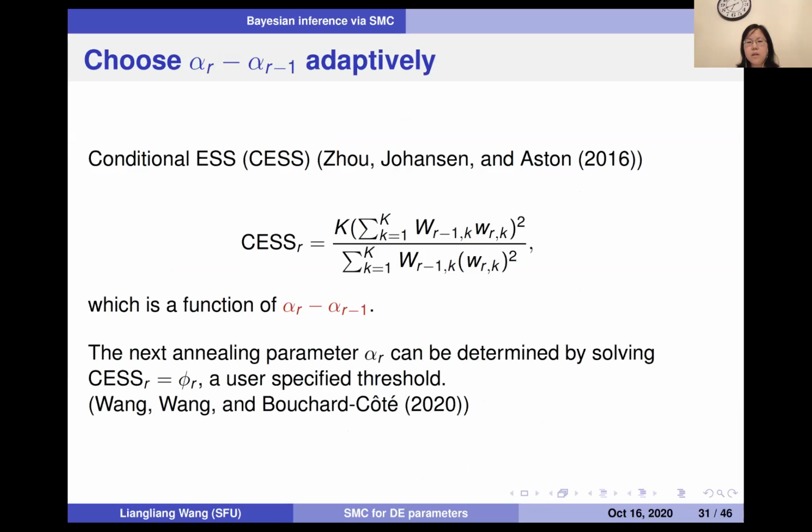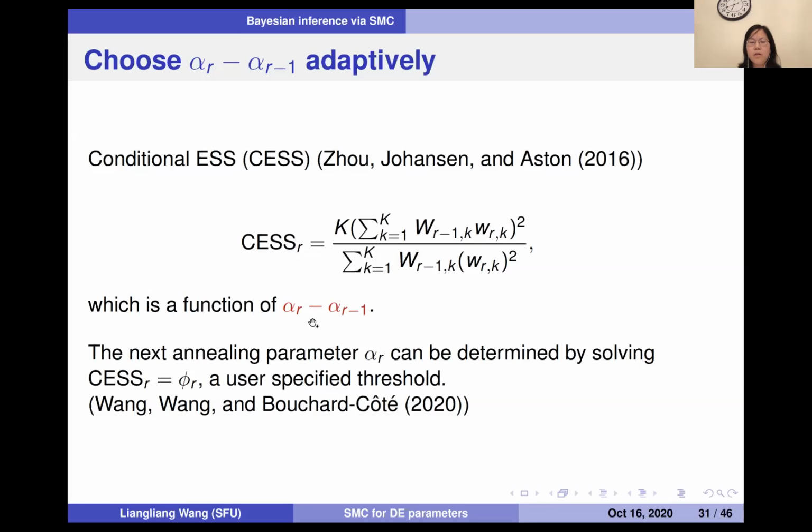As you can see here, capital K is the number of particles, capital W is the normalized weights from the previous iteration, and small w is the unnormalized weights. As you can see from the previous slide, this small w only depends on the previous particles and the annealing parameters. Therefore, it's a function of the annealing parameters.